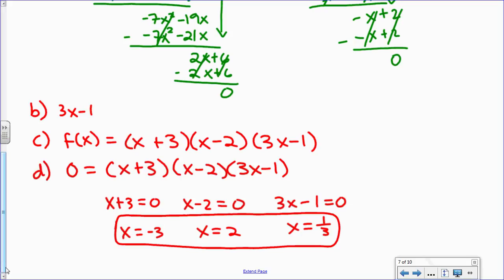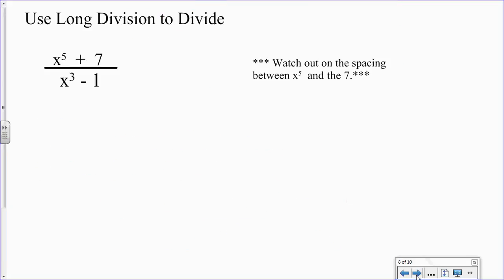Okay. We need to look at just a couple other things here. So this is one of those I told you we had to pay attention to, the space holders. You have to pay attention to the exponents. So there's a lot of different exponents that would be between x to the 5th and then a constant. So you want to make sure you put all those places.